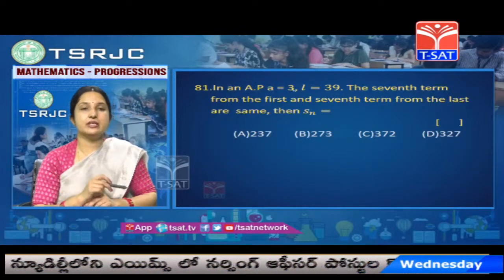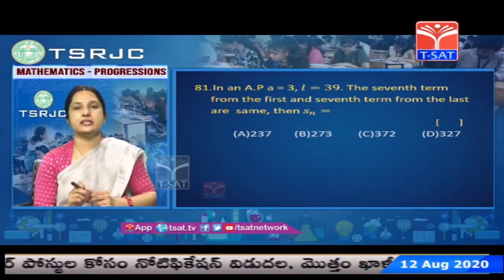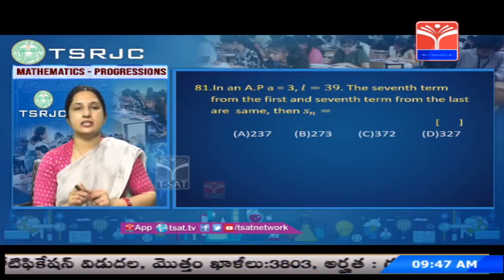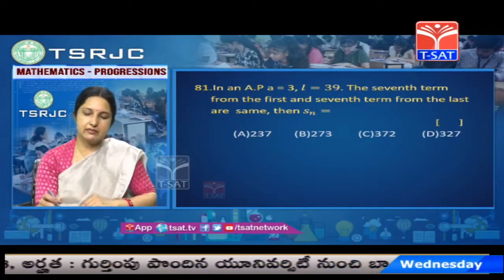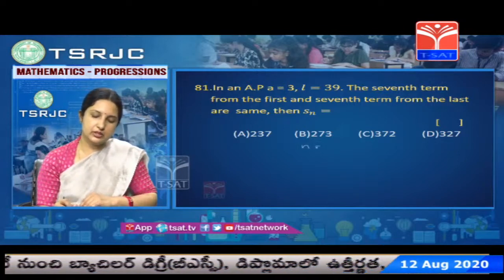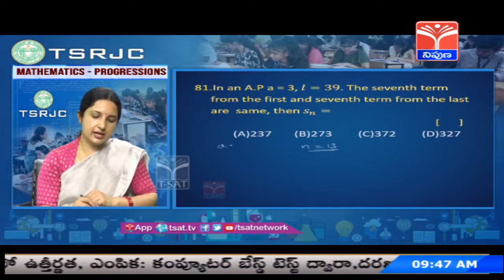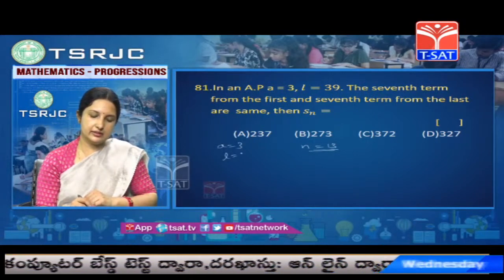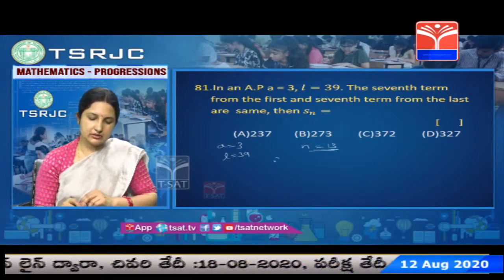In an AP, A equals to 3, L equals to 39, the 7th term from the first and the 7th term from the last are same. Then Sn equals to? ఇంతకు ముందు చేసినట్టే 7th term from the first, 7th term from the last అన్నప్పుడు మొత్తం ఎన్ని టర్మ్స్ ఉంటాయి మనకి? 13 టర్మ్స్ ఉంటాయి అన్నమాట. a ఎంత? 3, l ఎంత? 39, n ఈక్వల్స్ టు 13 ఇచ్చారు. అప్పుడు Sn ఎంత అవుతుందమ్మా?